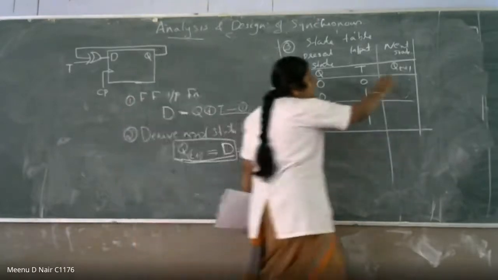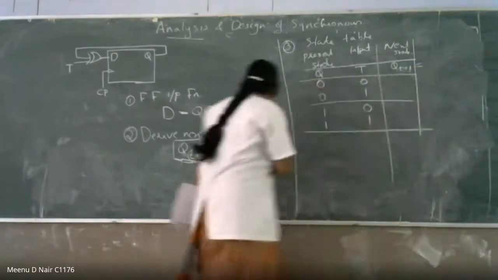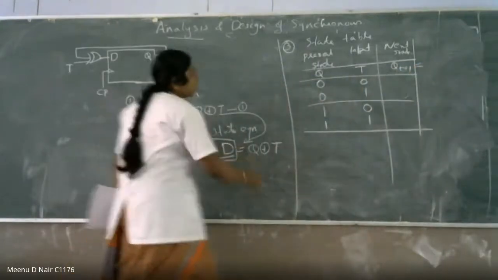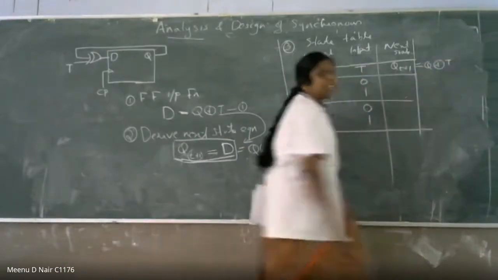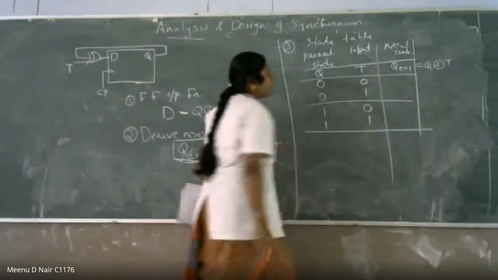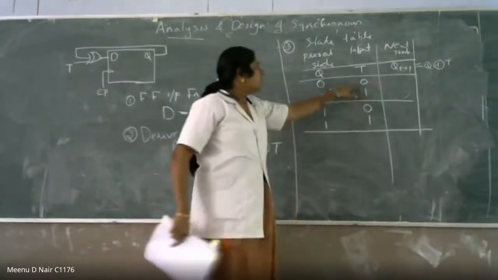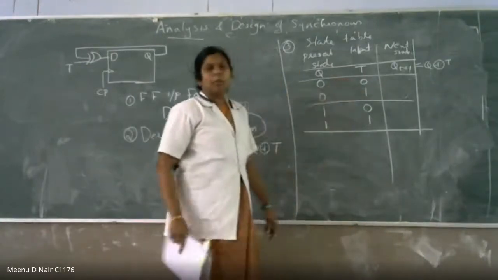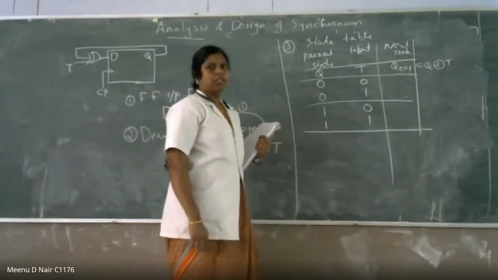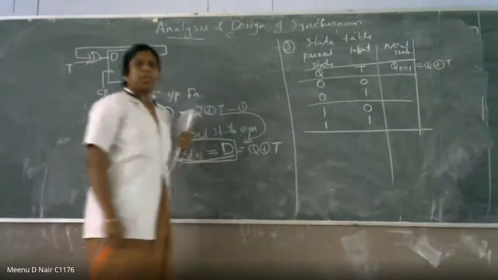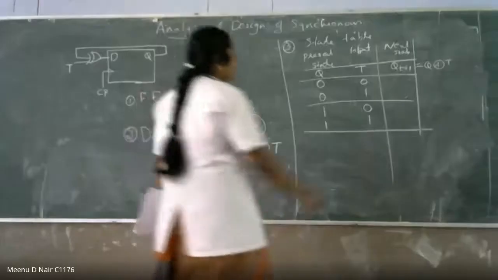So what is Q of T plus 1? Q of T plus 1 is Q XOR T. So what is the output here? 0 XOR 0: what is the output? 0.